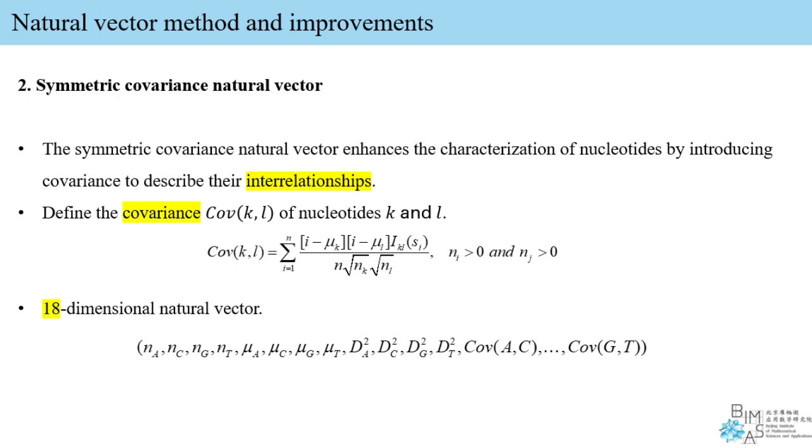That's important, so we want to study the relationship. Then we introduce the covariance: with K and L, like AC, what's the relation? Then we can define this formula.